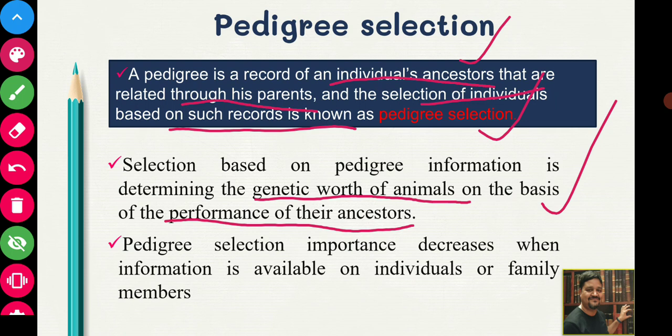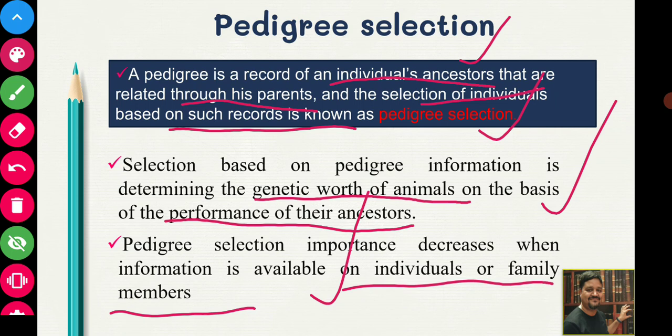Pedigree selection importance decreases when information is available on the individual or family members. Why does the importance decrease? Suppose information is available on that particular individual or its family members, then the importance of pedigree is reduced. Why? Because in each generation the common genes get halved. I transmit only half of my genes to my son or daughter.